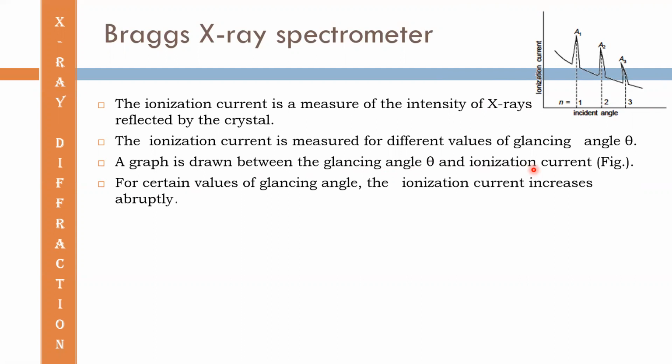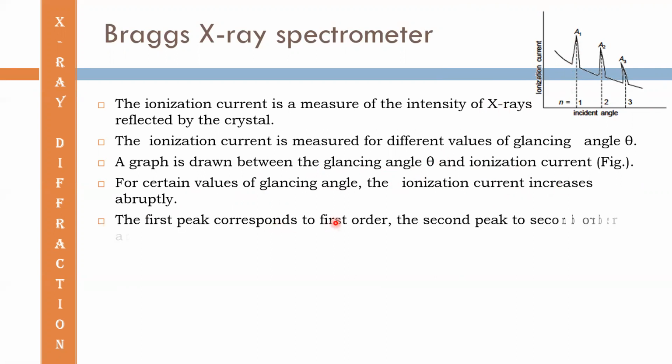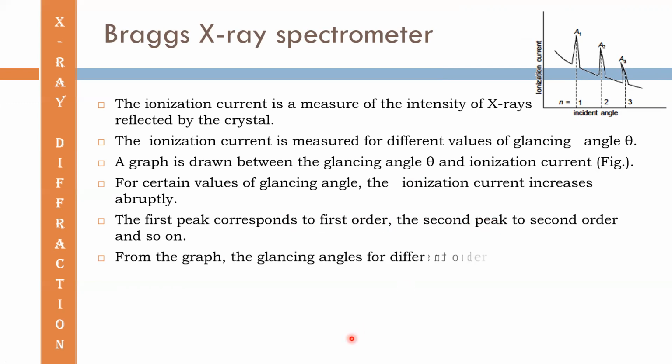From the figure, it is clear that for certain values of glancing angle, the ionization current increases abruptly. The first peak corresponds to the first order, the second peak corresponds to the second order, etc. From the graph, the glancing angles for different orders of reflection can be measured.